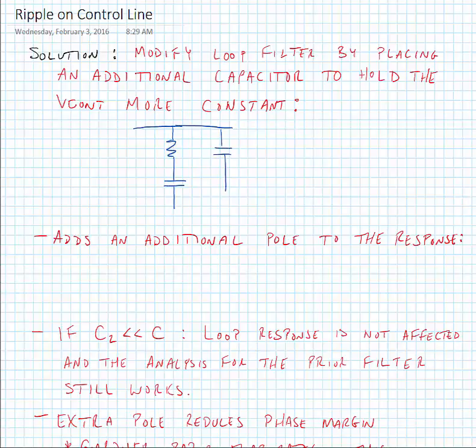So our modified loop filter structure then ends up looking like this. Of course, we have our I input coming into this loop filter, and we're measuring the voltage that's developed across the loop filter. That's our control voltage.